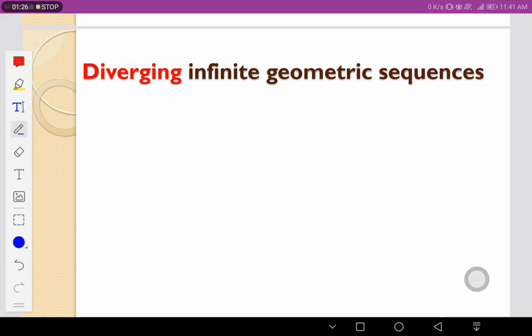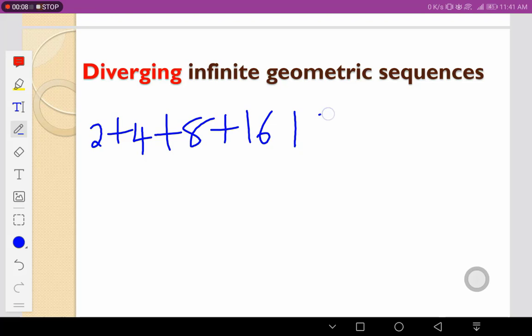For diverging, I can have an example of 2 plus 4 plus 8 plus 16 plus 32 plus and so on. As you can see, we started with a small number and we get bigger and bigger numbers as we go. So this one is growing big.